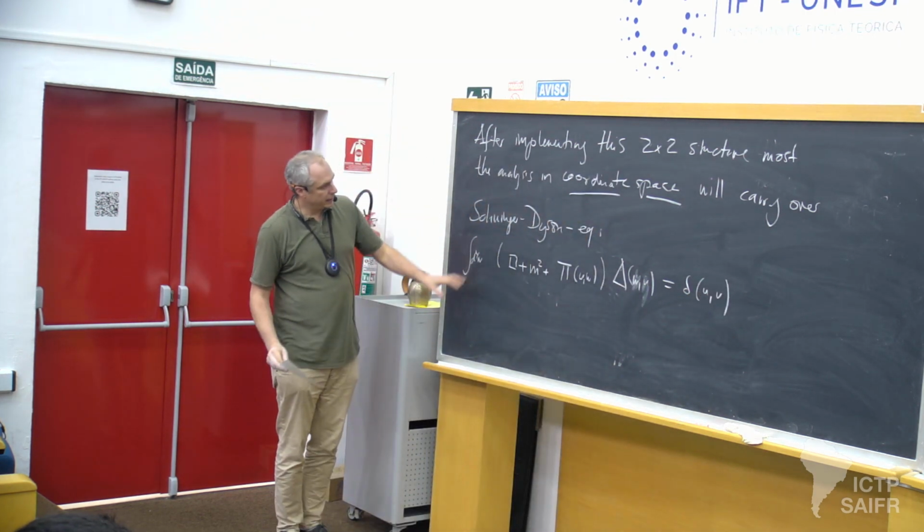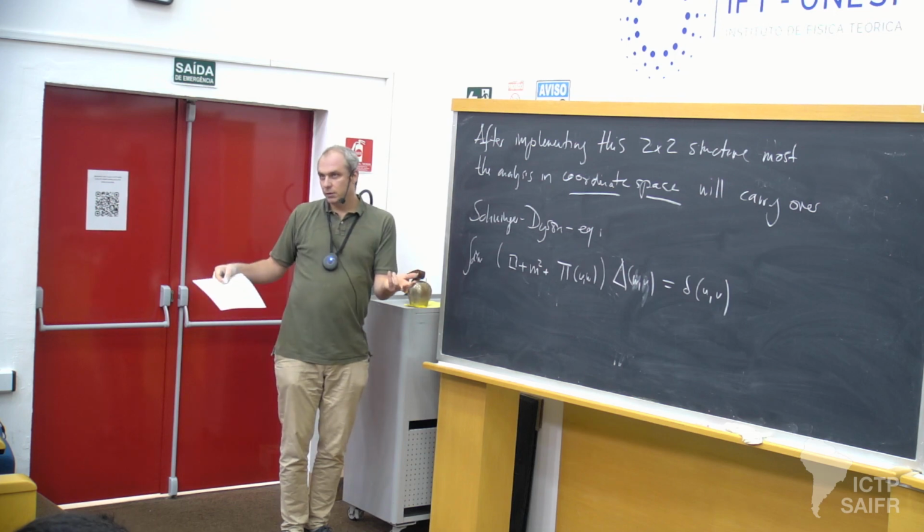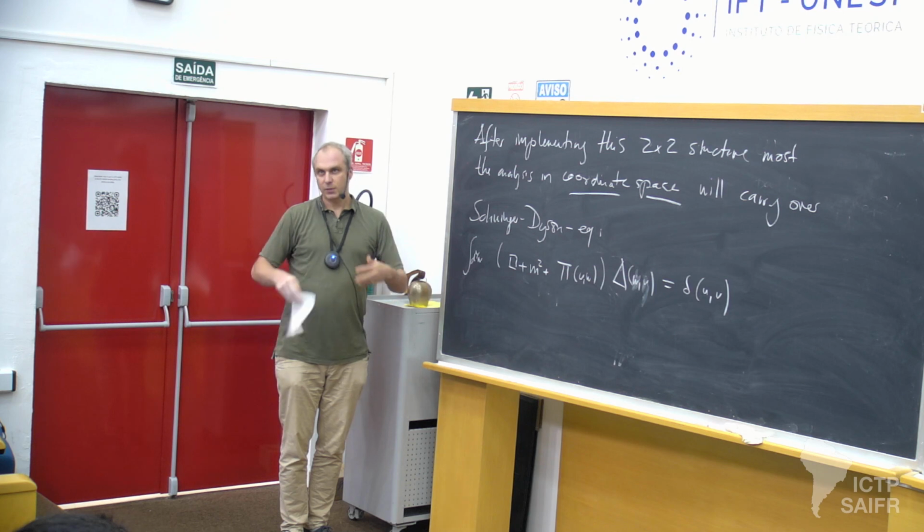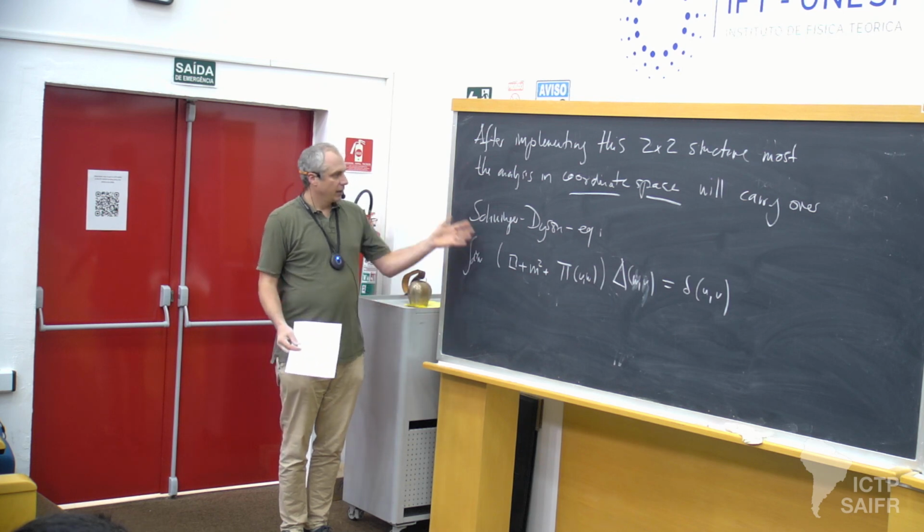So this basically is, so to speak, the Klein-Gordon equation of your two-point function. Okay, Klein-Gordon equation, you know. There's also a Klein-Gordon equation of the two-point function, and that's the Schwinger-Dyson equation.